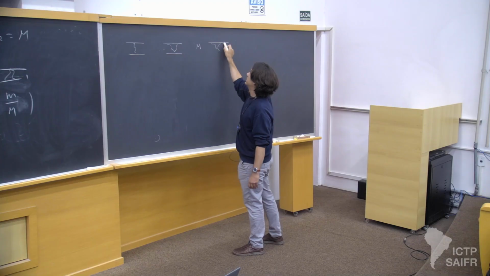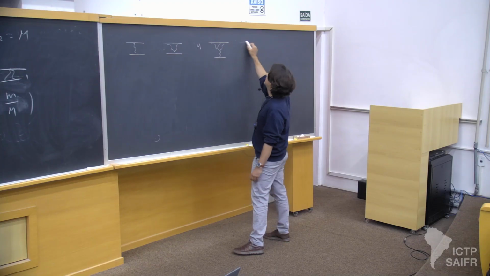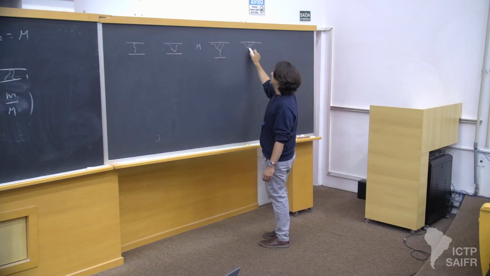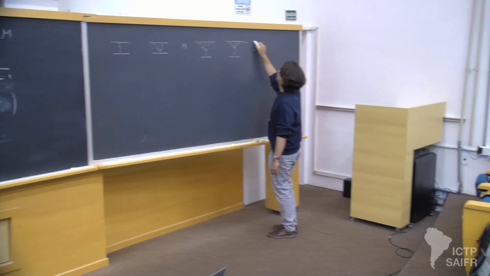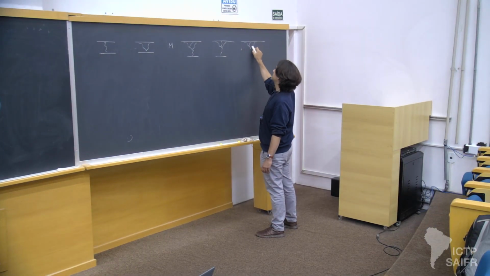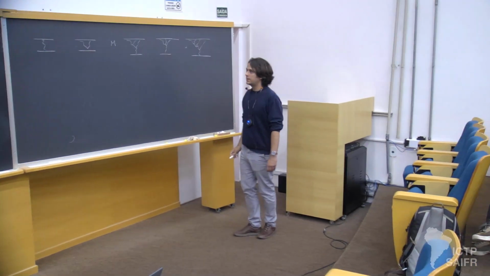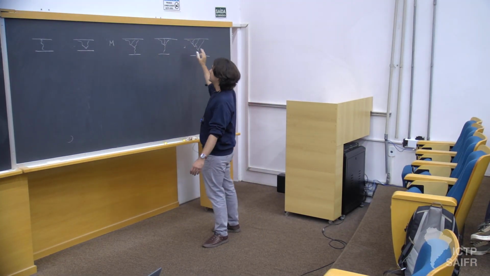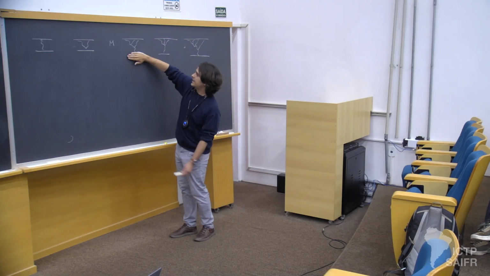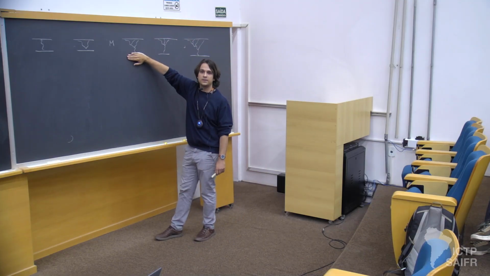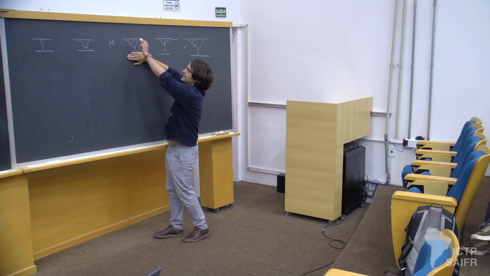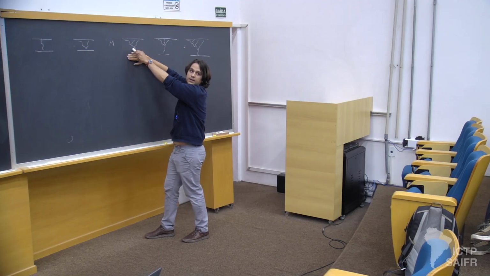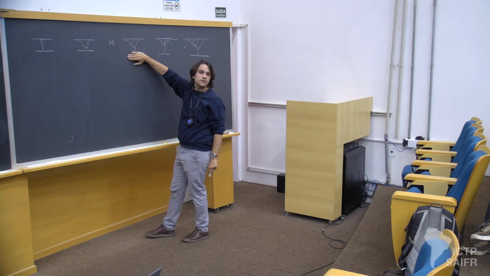I could add something like this. More complicated things, higher loops. So what do all of these diagrams reproduce? Forget about the small guy for a second. This is just solving for the metric in the presence of some source.